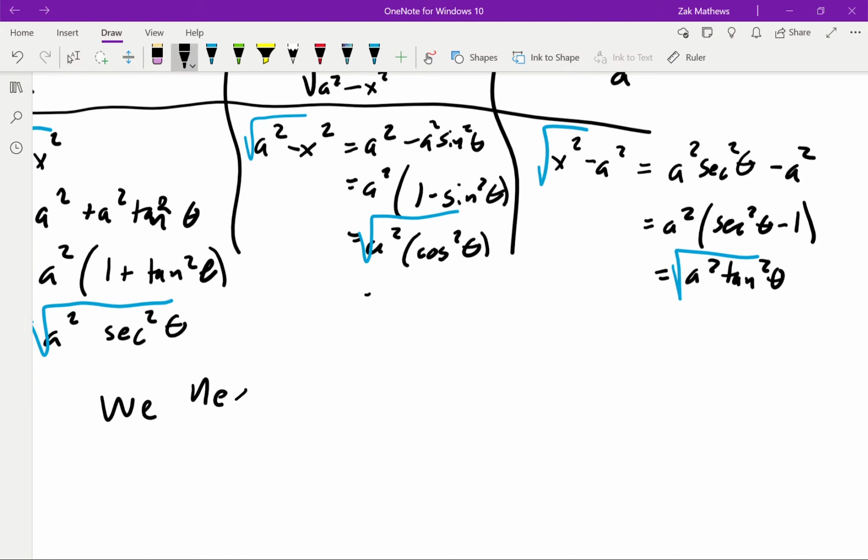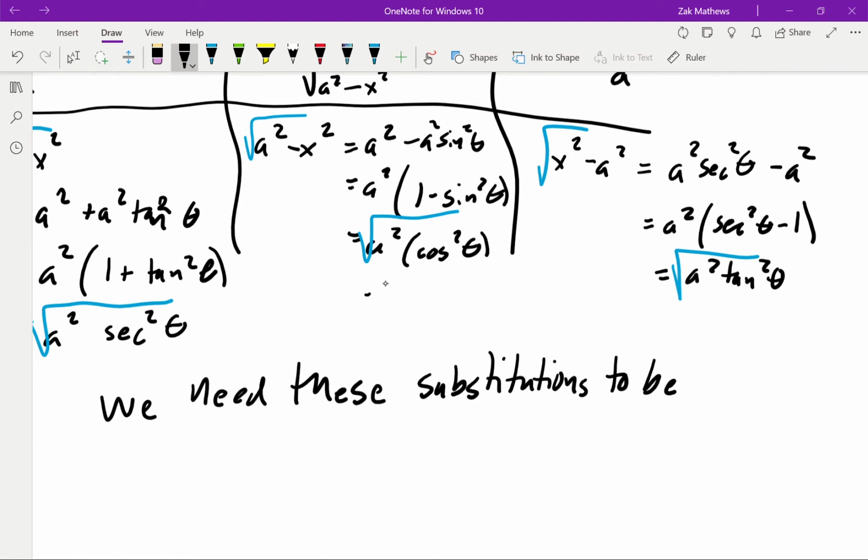We need these substitutions to be reversible, because once we get that final answer for the indefinite integral, we have to go back and plug in what the trig function really should have been. Because of that, we need to be able to solve for what that trig function should have been in terms of x. We need them to be reversible.